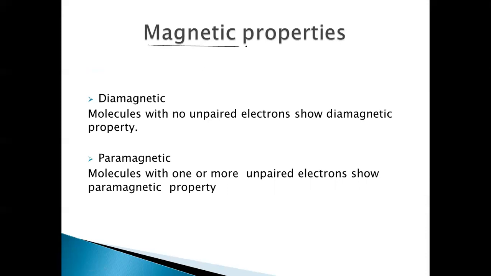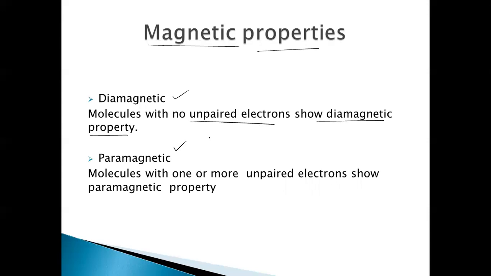So what about the magnetic properties? Magnetic properties can also be explained based on the number of unpaired electrons. It can be diamagnetic or paramagnetic, we know that, right? So based on unpaired electrons, we can explain the magnetic properties. With no unpaired electrons, it shows diamagnetic behavior.